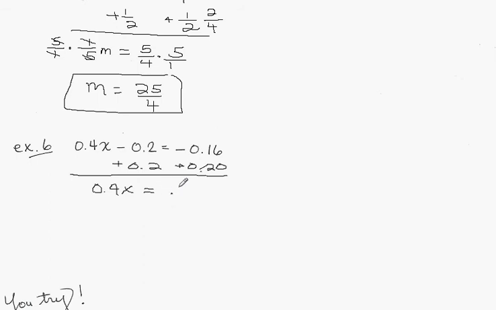My 4 looks really bad there, doesn't it? Divide both sides by 0.4. Of course, you do this all in your calculator, and you would get x equals 0.1.